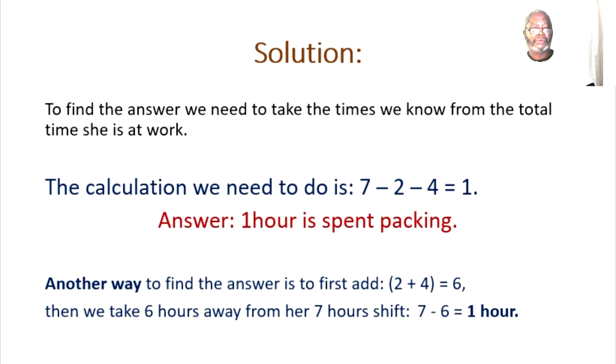In this case, 7 hours minus 2 hours minus 4 hours, which means 1 hour was spent packing. There are other ways you can do it, in which you can maybe add the hours together and take them off the total time as I did below. That is 2 plus 4, which is 6, and then you say 7 minus 6 is 1 hour.